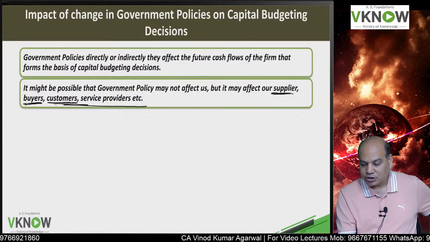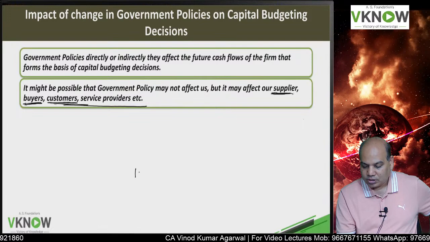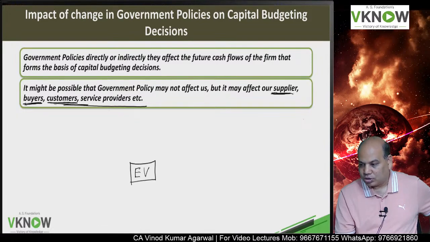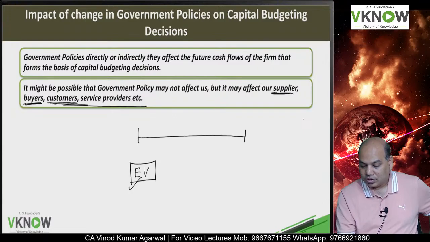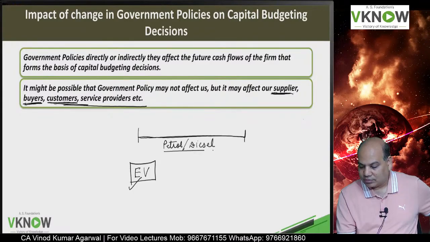Recent example of change in government policy is they are focusing more on electric vehicles. Companies have already invested in factories which are designed to produce petrol, diesel based vehicle.